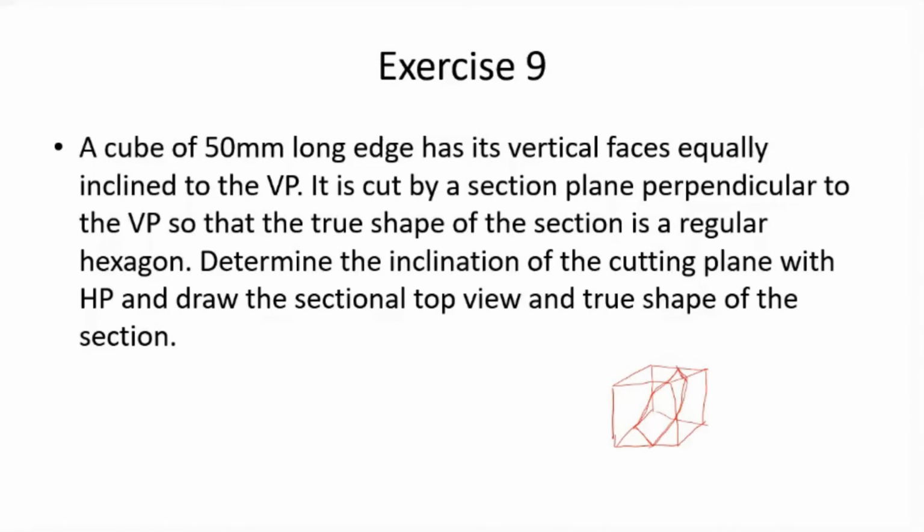So in that case we will get a hexagon. And how can this be a regular hexagon? If the section plane is intersecting the edges at their midpoints, then all the edges of the hexagon will be of equal length.